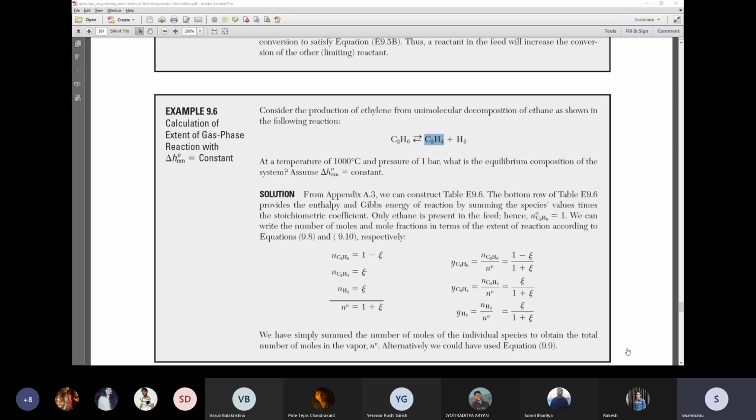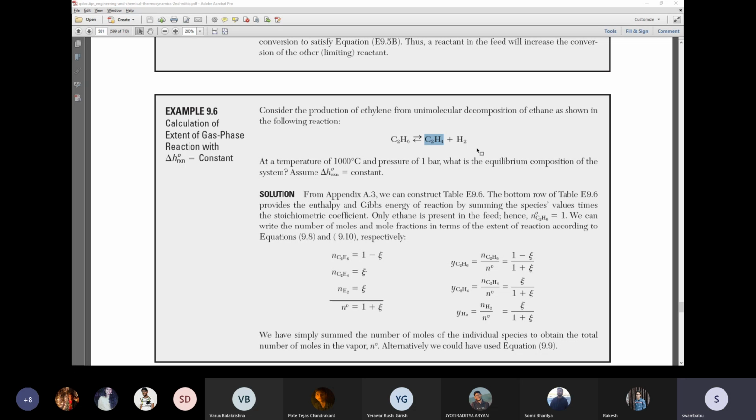So this is the decomposition of ethane to ethylene and hydrogen. Now, at this temperature and at this pressure, what will be the equilibrium composition? Equilibrium composition refers to the maximum composition. From the composition, we can get the maximum possible conversion that can happen.